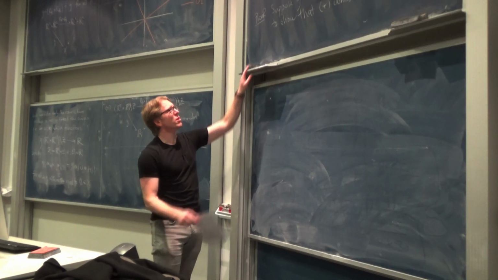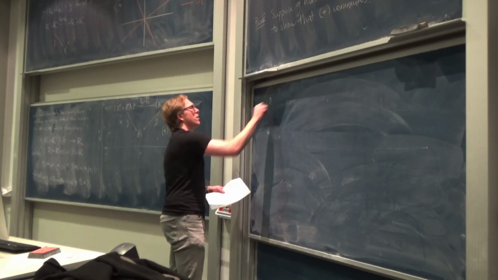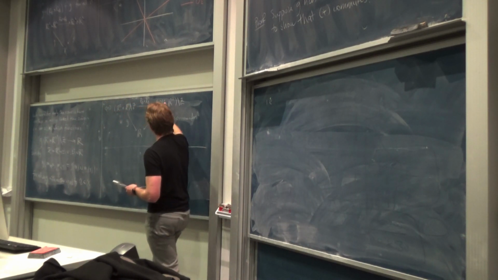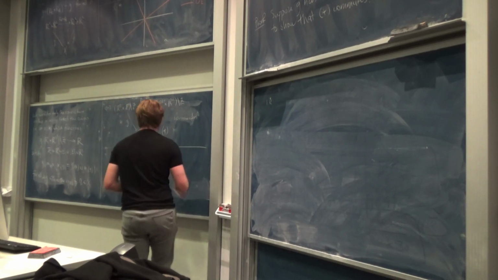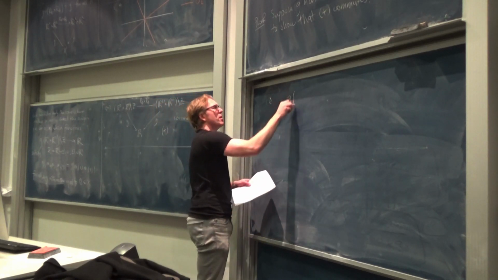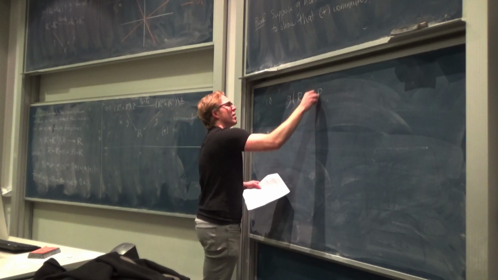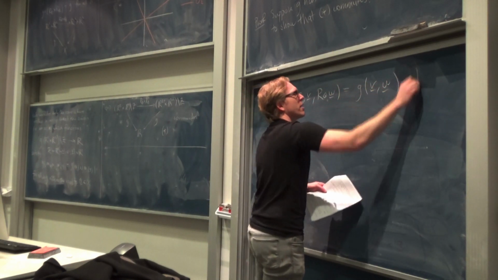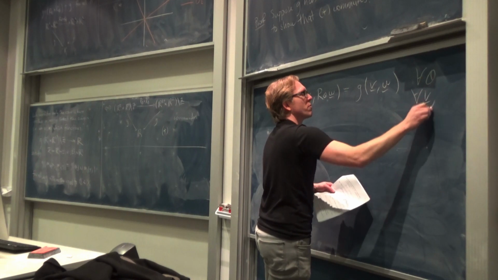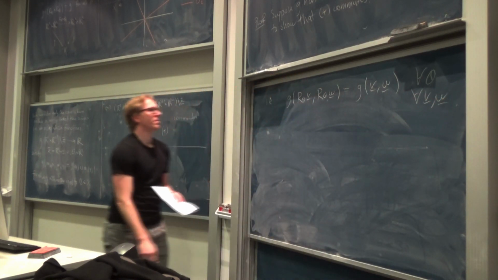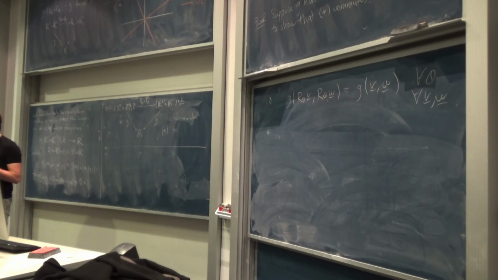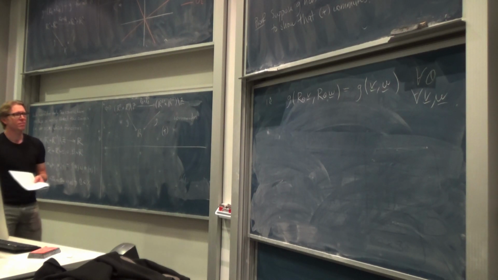So that is, we need to show that if I take a pair of vectors, V, W, I rotate both of them, then I apply G, it's the same as applying G. So I need to show that G of R theta V, R theta W equals G of V, W, and I need to show that for all theta and for all V and W. For all theta, because I don't want to fix a particular angle between my observers. This is for a generic pair of observers related by rotation.